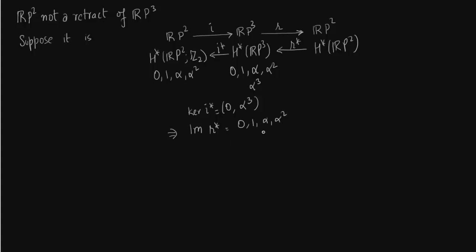So obviously alpha cup alpha square, which is alpha cube, does not lie in R star. So it does not lie in the image of R star, and therefore it is not a ring. And therefore we have a contradiction. So RP2 is not a retract of RP3.